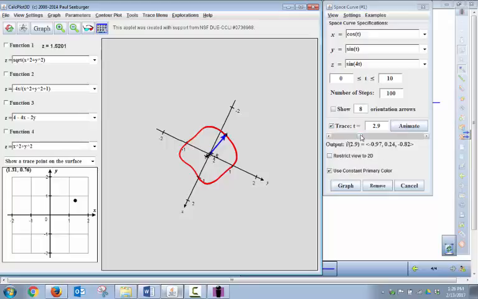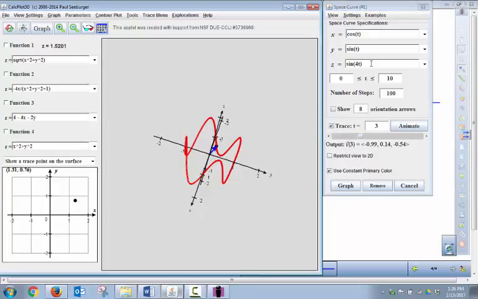Can you set the period in z to 1 as opposed to 4? What do you think will happen if I set the period to 1? It'll start, and then it'll finish its thing by the time it gets to 1, so it'll be a simpler looking graph.